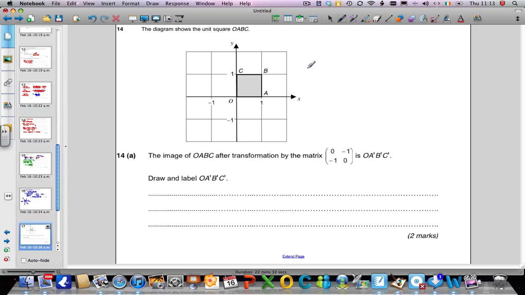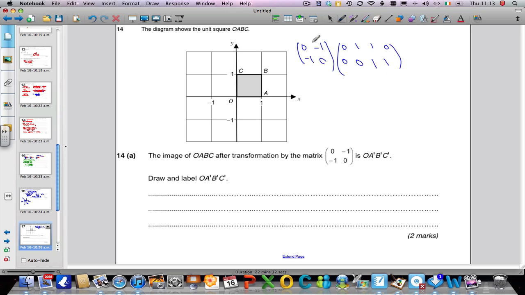Now I'm going to show you the really long way of doing this, which is basically to take this matrix here, 0, minus 1, minus 1, 0, and multiply it by a matrix that defines this square, which is literally every coordinate pair written as a vector. So we've got O is 0, 0, A is 1, 0, B is 1, 1, and C is 0, 1.